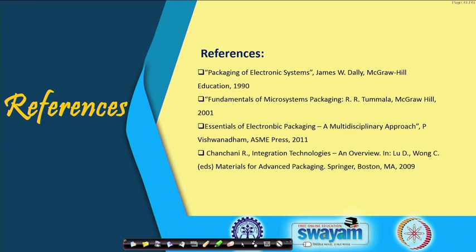It is a very nice one, again single author, has nice continuity. And we also see integration technologies, especially from Rajan Chanchani. It is a book chapter, but gives you a very nice configuration. It is a book called Materials for Advanced Packaging, and especially for stacking and all, this is a very good read. Okay. All right. So, thank you very much.